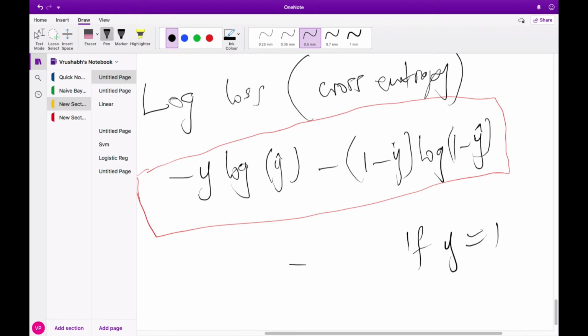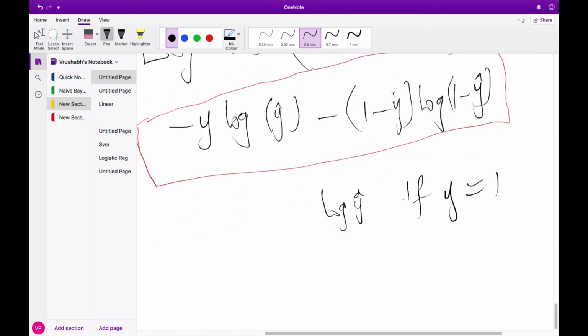We are only left with minus y times log of y hat, and since y is 1, we have 1 times log of y hat. Now what if y equals 0?